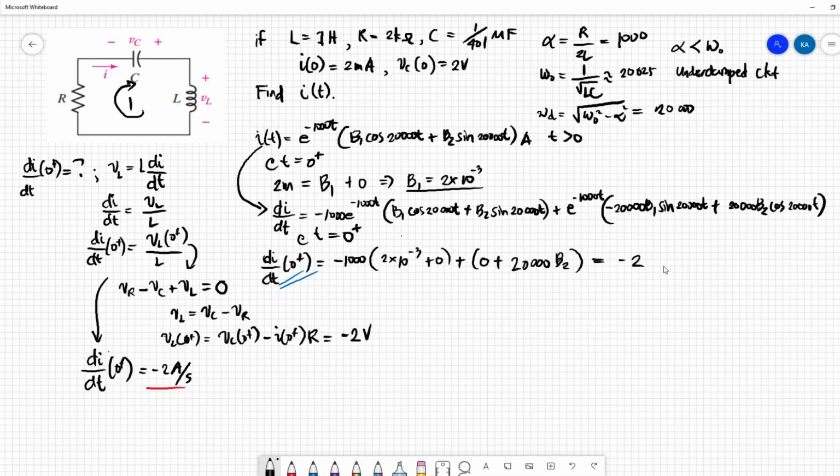Now solving for the value of B2, it is just equivalent to 0. So our expression for i(t) is just equal to 2e to the negative 1000t cosine of 20,000t u(t) milliamperes.